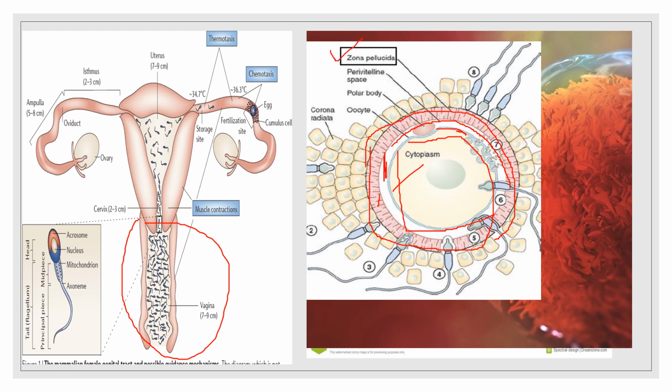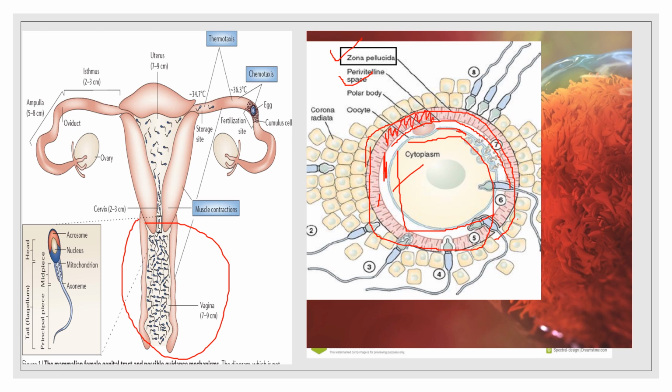So the ovum is surrounded by its membrane. Outside of this membrane lies the vitelline membrane. In between there is the perivitelline space. Outside this vitelline membrane, this jelly layer is your zona pellucida.